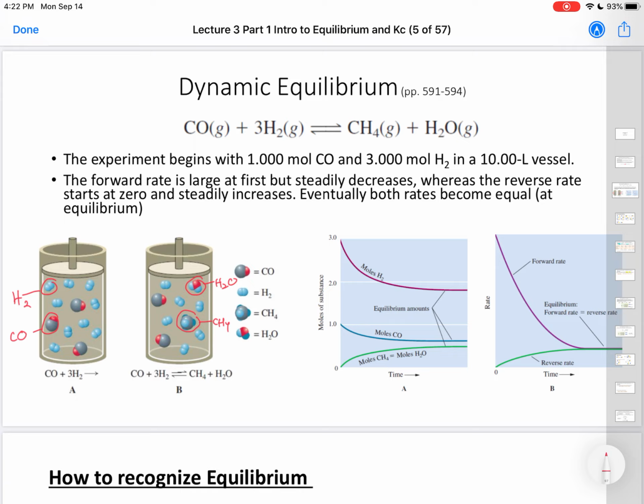Okay, and so if you're looking at this graph here, you start off with moles of H2 and moles of CO, 1 and 3. You have no moles of the CH4 and H2O because those are the products. And as these two react together, it produces the products.